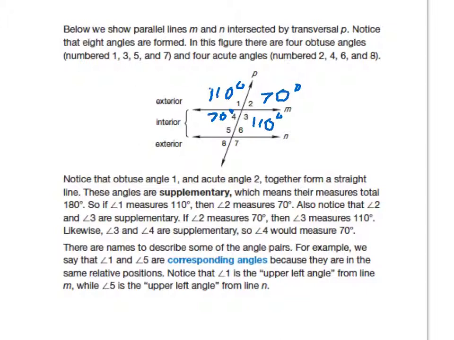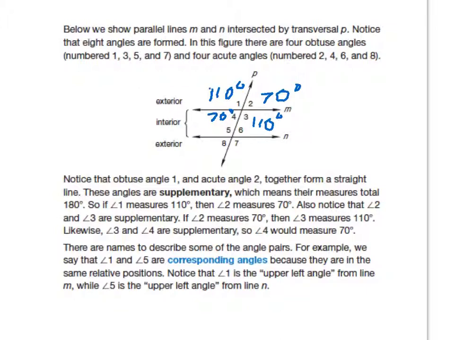Now we'll notice some interesting things, that they form angle pairs. And we can describe some of these pairs. For example, we see that 1 and 5 end up being corresponding angles, and that means that we can carry the information from the top section down to the bottom, because in the same positions we see that number 1 and number 5, let's see if I can point to these, number 1 and number 5 are sort of partners or angle pairs.